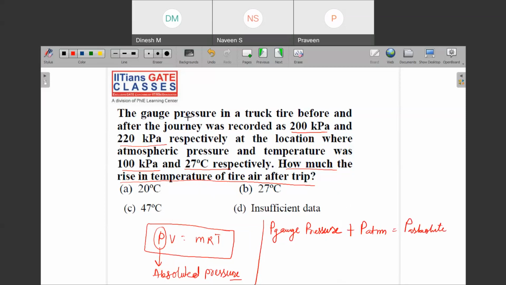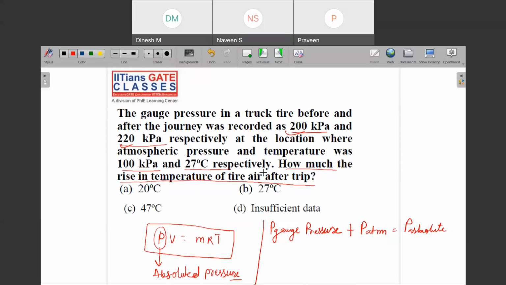So now coming back to the question, it says the gauge pressure in a truck tire before and after the journey. Somebody was on a journey and found that initially the pressure was 200 kilopascal, and later the pressure had changed to 220 kilopascal. It also says the location has atmospheric pressure and temperature of 100 kilopascal and 27 degrees Celsius.